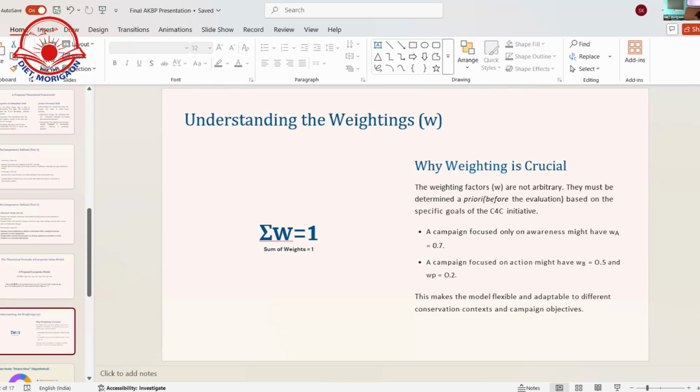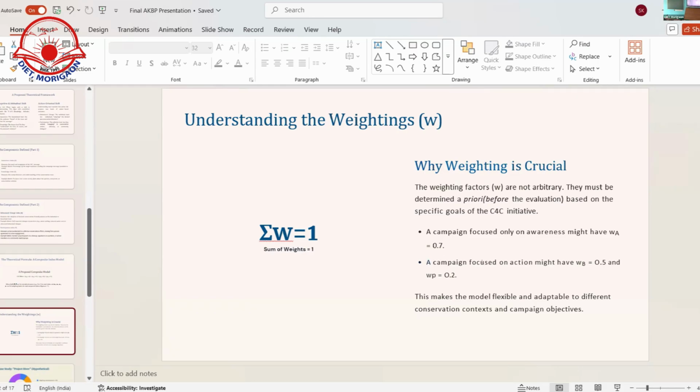So why is weighting crucial here? Because the weighting factors W are not arbitrary. They must be determined a priori, or before the evaluation, based on the specific goals of the C4C initiatives. A campaign focused only on awareness might have WA equal to 0.7.